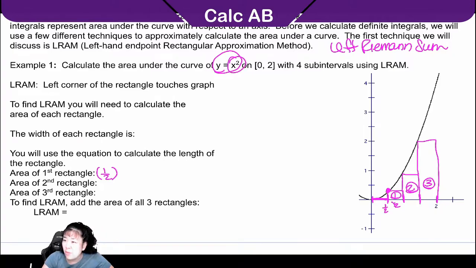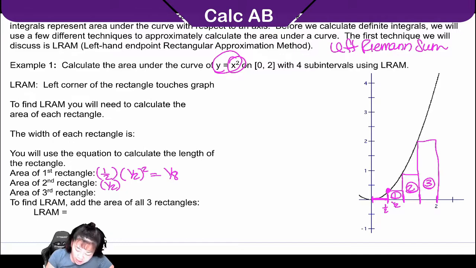Sometimes I'm given my y value or my height, and sometimes I actually have to find it, which in this case, because I'm given an equation, I have to actually find it. Normally it's given to you because we only do this with a table of values. So that comes from 1/2 squared. Then when I multiply this out, I get 1/8.